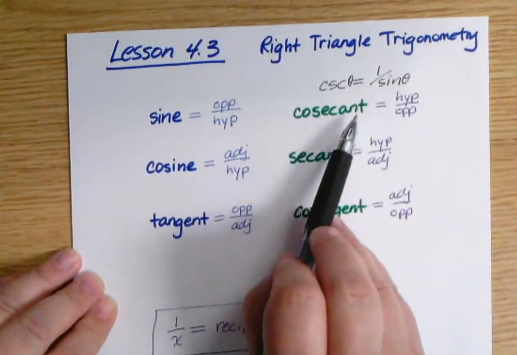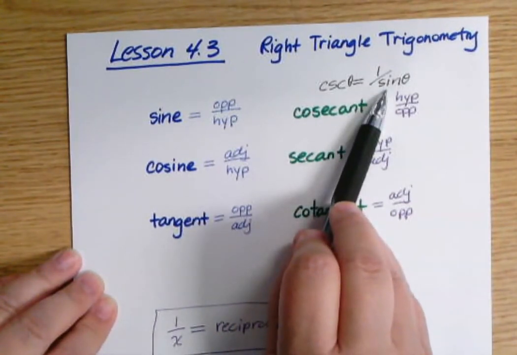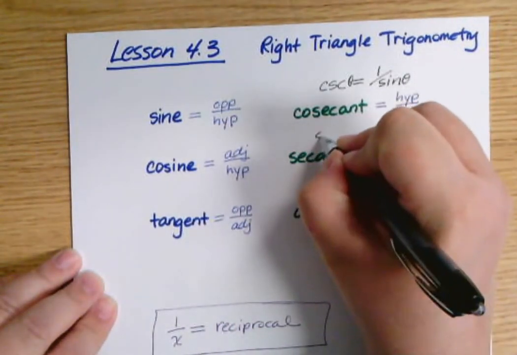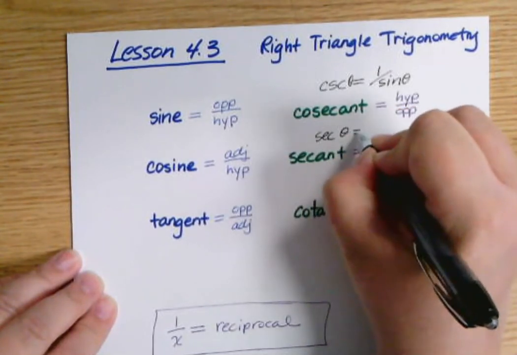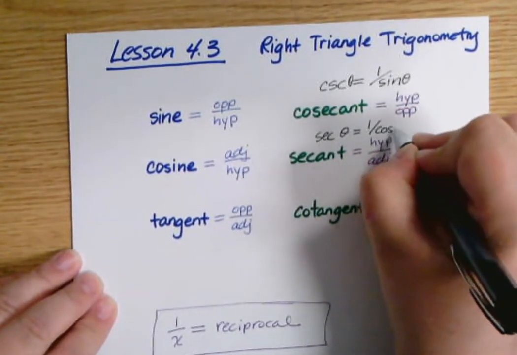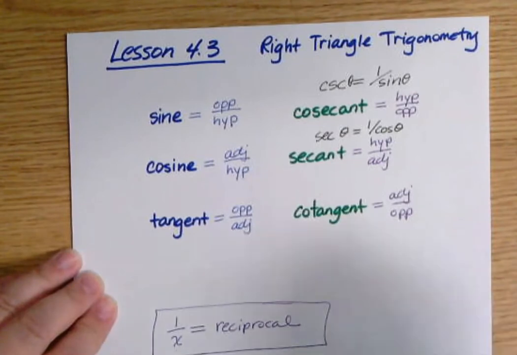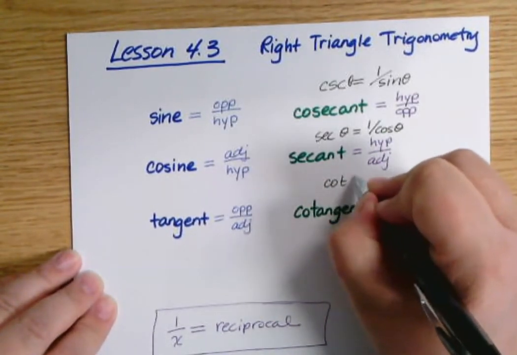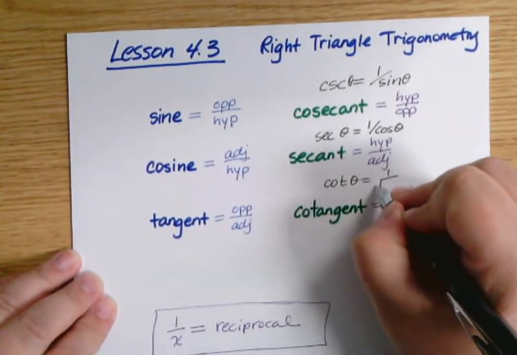It's just the same as saying it's the reciprocal of the sine. The secant of whatever angle is the reciprocal of the cosine. And the cotangent is the reciprocal of the tangent.